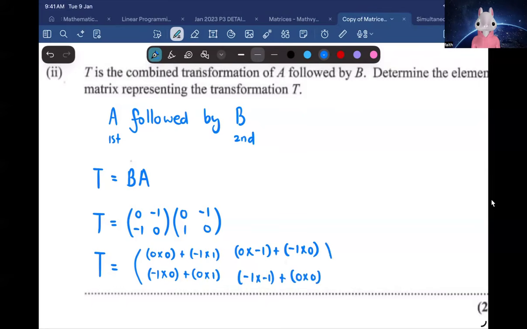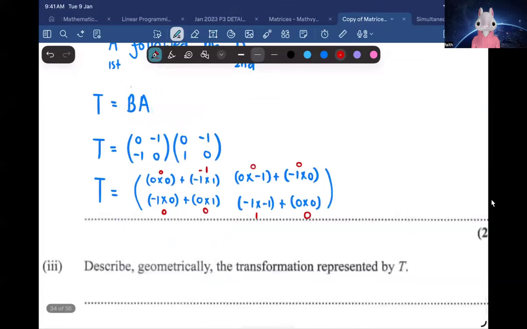Right. 0 by 0 is 0, minus 1 by 1 is negative 1, 0 by minus 1 is 0, minus 1 by 0 is 0, 0 by 1 is 0, minus 1 by minus 1 is positive 1, 0 by 0 is 0.